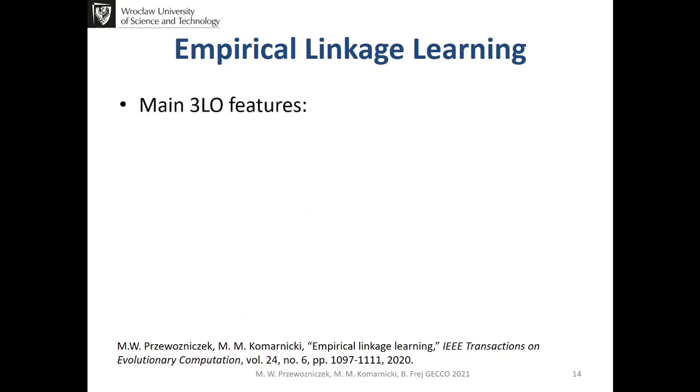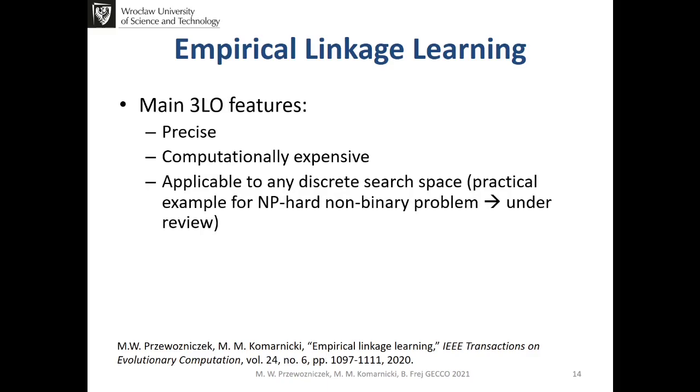The main feature of 3LO is that it's precise because it never reports a false linkage. However, its drawback is that it's computationally expensive. Fortunately, it's applicable to any discrete search space, which is quite a nice feature.